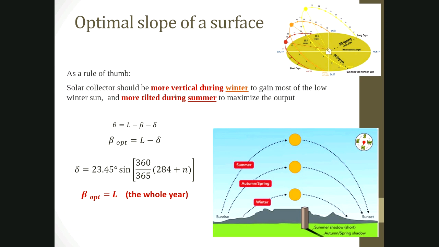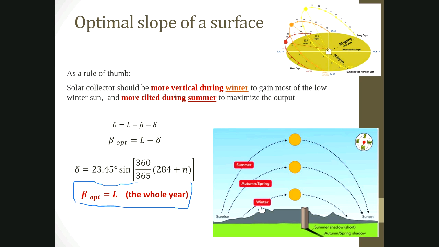However, if you can't change the position or the tilted angle of your collector, it is better for the winter to be more vertical. So the rule of thumb to obtain more solar radiation is to make your solar collector more vertical during the winter. In the winter, first, it's a short day, as well as the sun radiation is low.